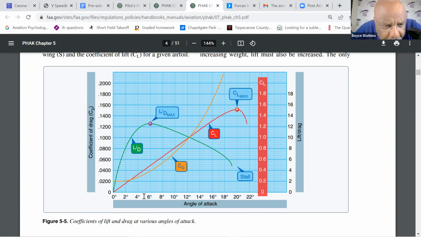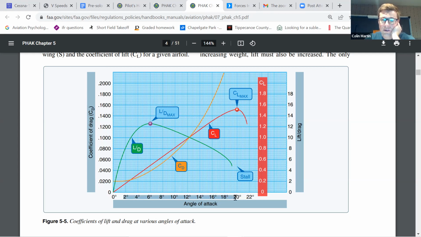If we just focus on this left line, the red line, it's CL, our coefficient of lift. This is telling us how much lift we have on the airplane. And as you can see, if we increase our angle of attack, we can increase our lift.